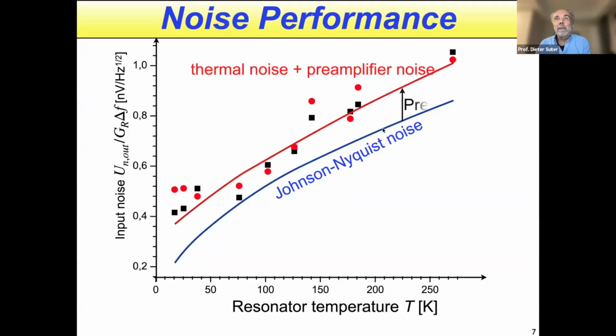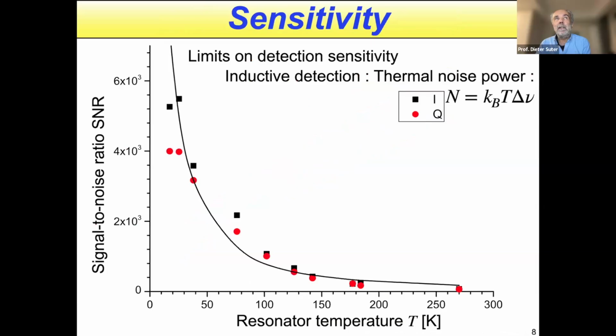The blue line represents the theoretical limit for noise. The data points and the red curve represent the actually measured thermal noise for a specific system. Obviously, you can increase the sensitivity, and this is the actual signal to noise in such an experiment.